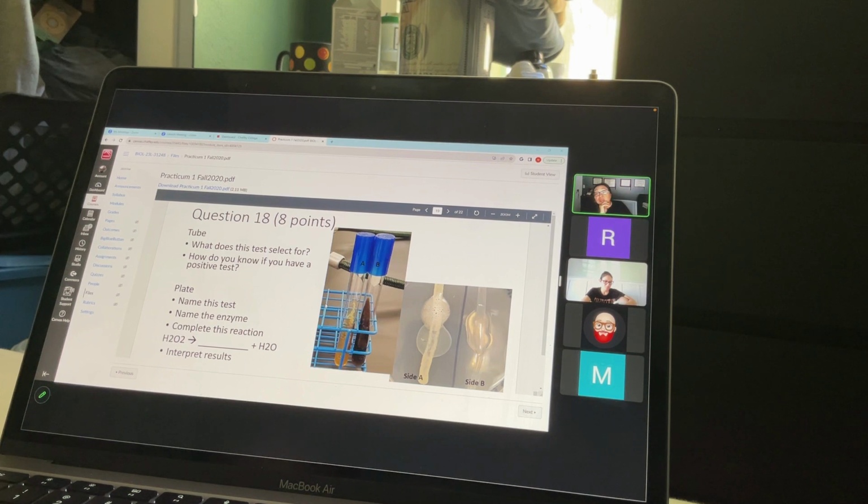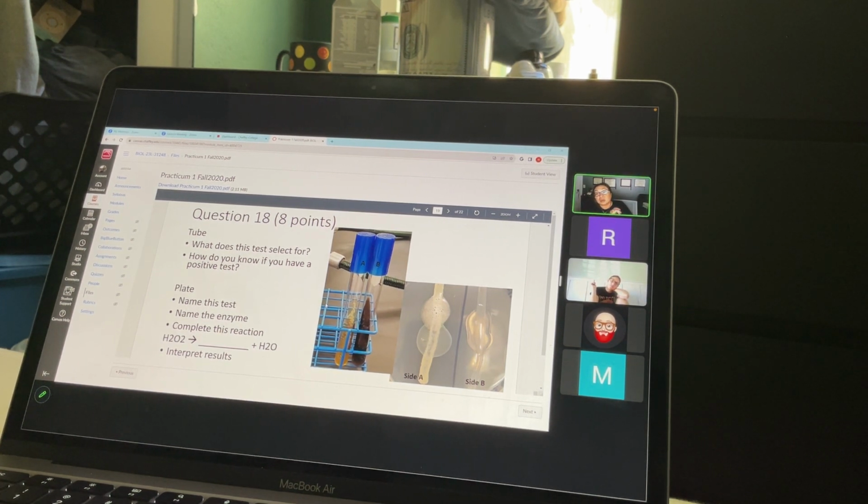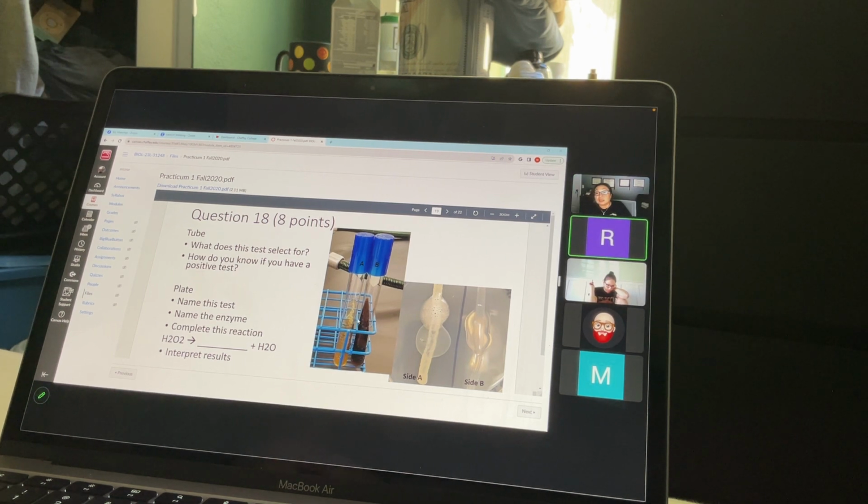Correct. So for this one, you check for growth first. If you don't see growth, and the loop was perfectly cool, everything was correctly inoculated, then you can say the organism cannot tolerate bile salt. That's why they can't grow. Yeah, you're right, there isn't an enzyme. So it's not an enzymatic reaction.